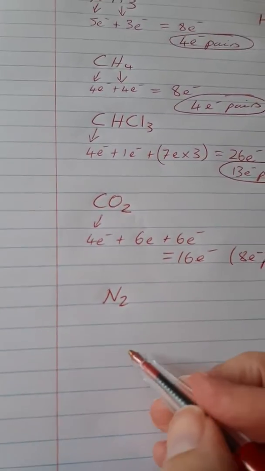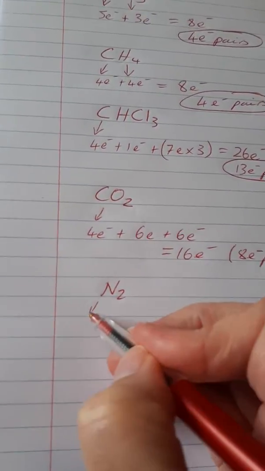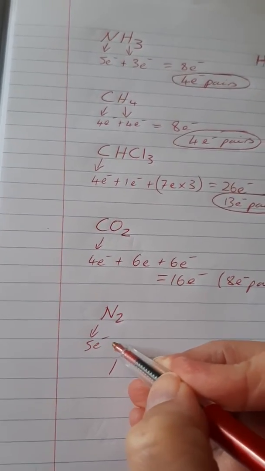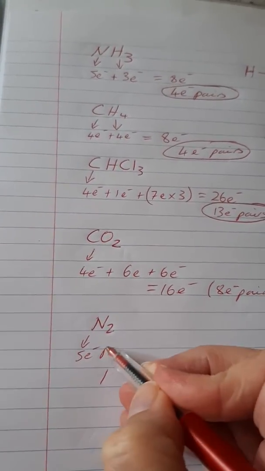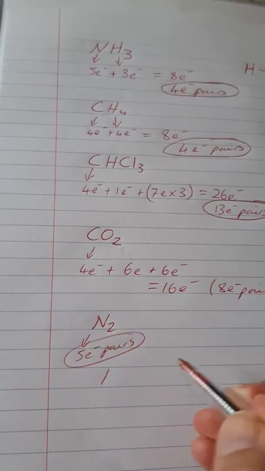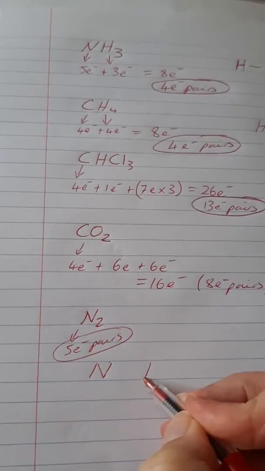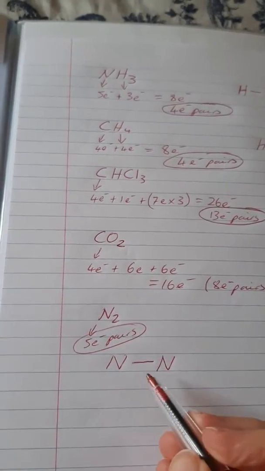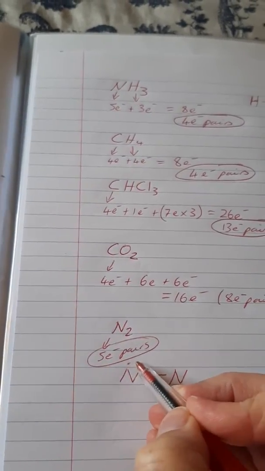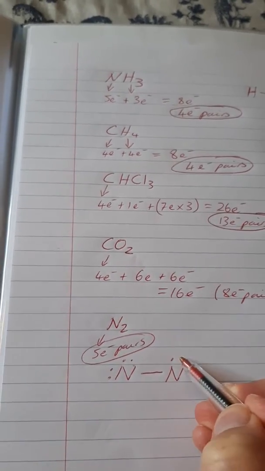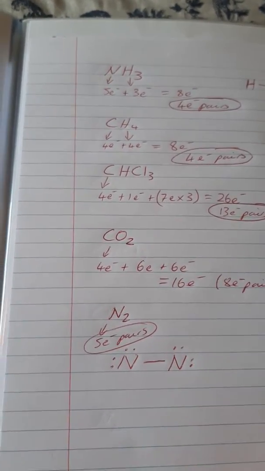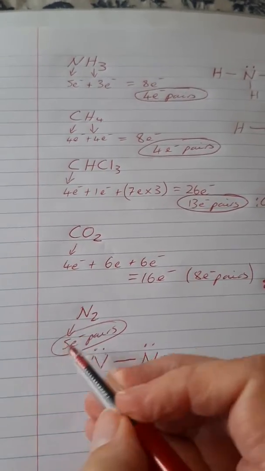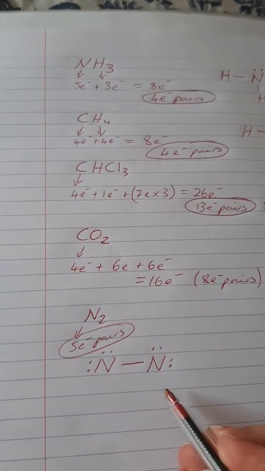And nitrogen, N2, it can be quite hard. So you've got 10 electrons, or 5 electron pairs. Right, nitrogen, nitrogen, bond location. Then the outer, so we've got 1, 2, 3, 4, 5, and of course now I need to rearrange. I'm not allowed to have any more than 5.